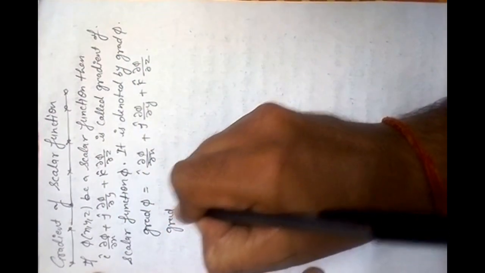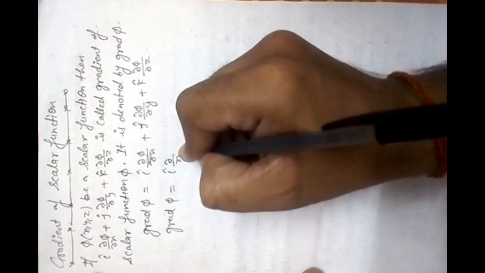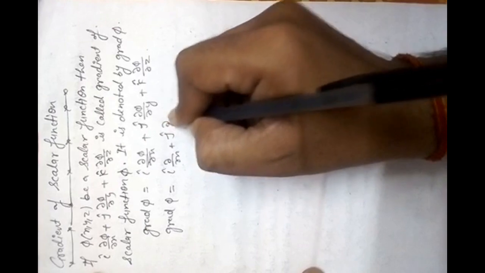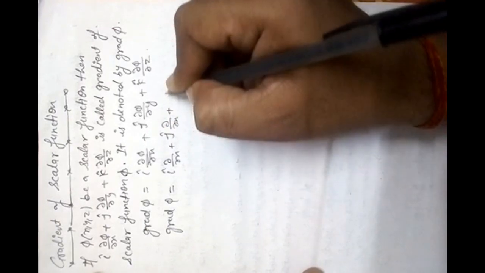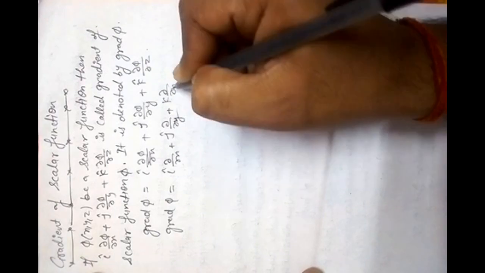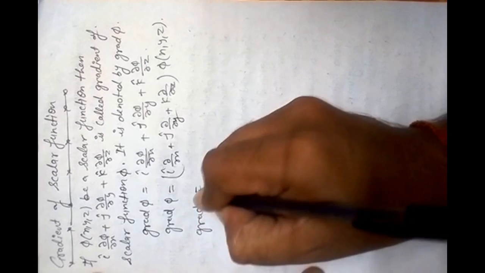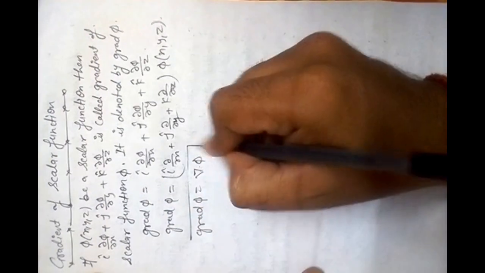So grad phi is equal to (i del upon del x plus j del upon del y plus k del upon del z) phi, and phi is the function of x, y, z. So grad phi is equal to del phi.